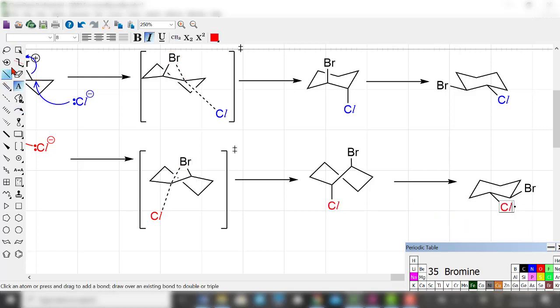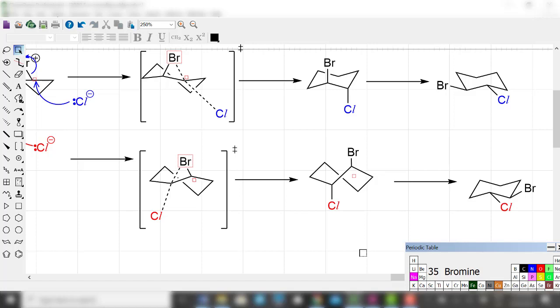But you might recall what we have learned in our curriculum, that the transition state is a very important structure, because if it's not stable, then why would it be formed in the first place? Or rather, why would the chloride want to approach from that side of the carbon in the first place?